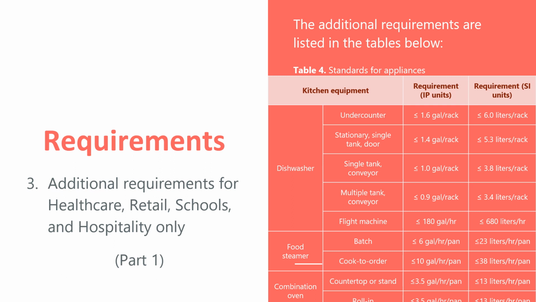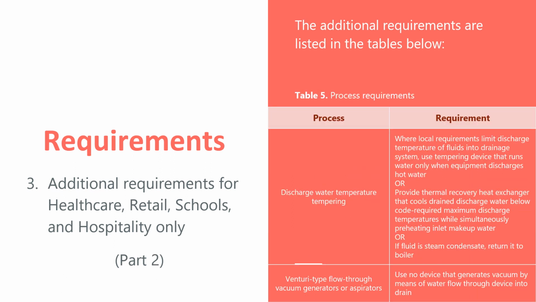Part 3 talks about additional requirements for healthcare, retail, schools, and hospitality. The maximum water usage for certain appliances, such as dishwasher, food steamer, and combination oven, are listed on the table. The maximum water usage for process requirements are also listed.